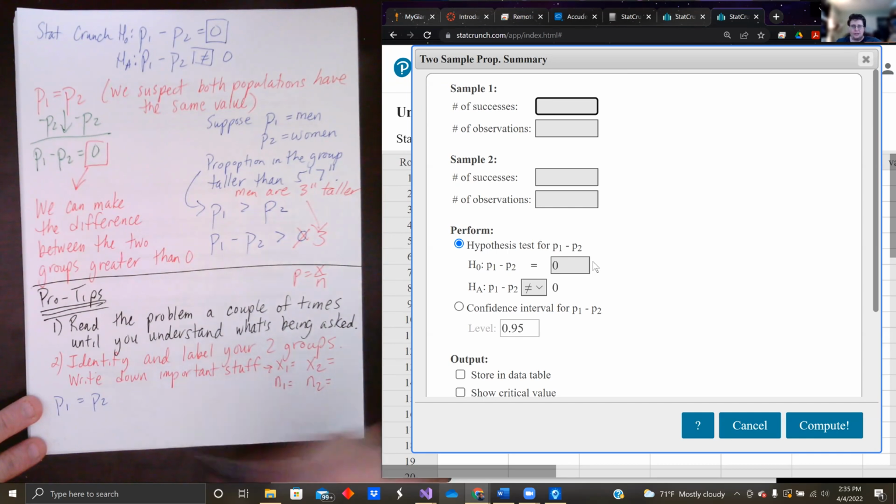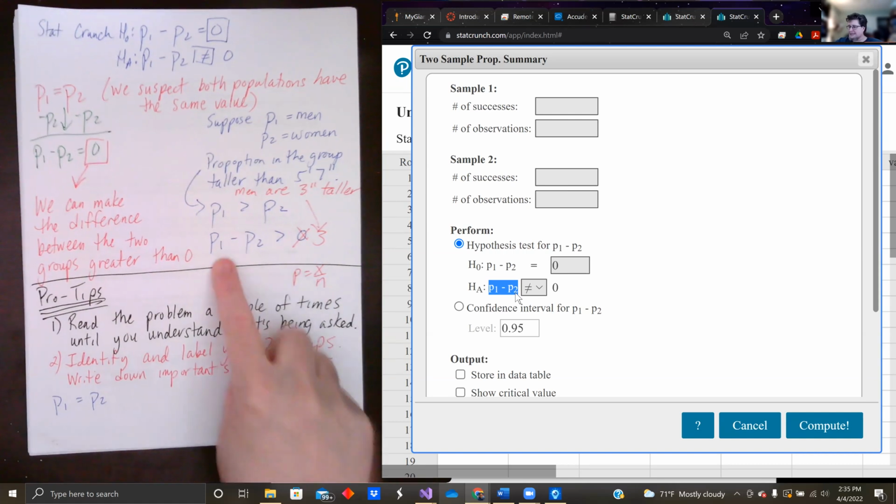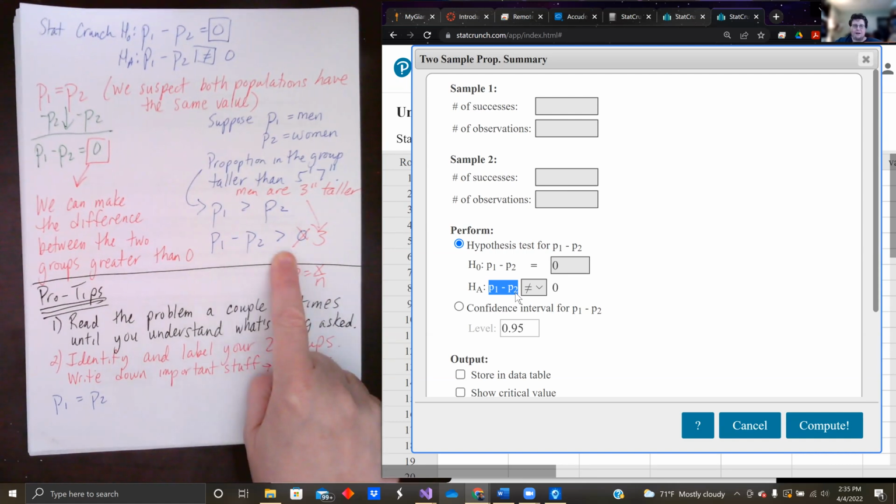Like if the question is, they think men are 3 inches taller than women, this test requires P1 minus P2 in that order. I don't have an option of changing it. So if I said men were group 2 and women are group 1, what does men are 3 inches taller mean when I get to this? What symbol do I use? That's confusing.